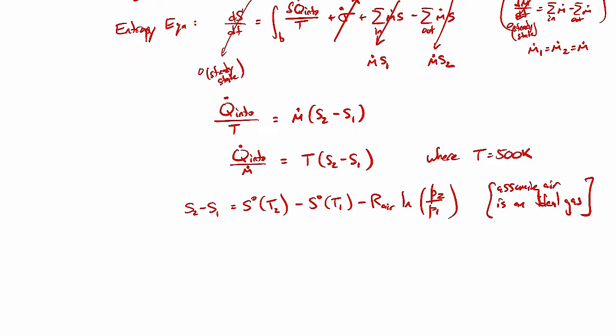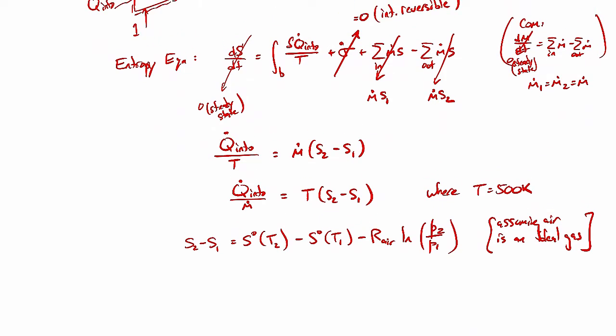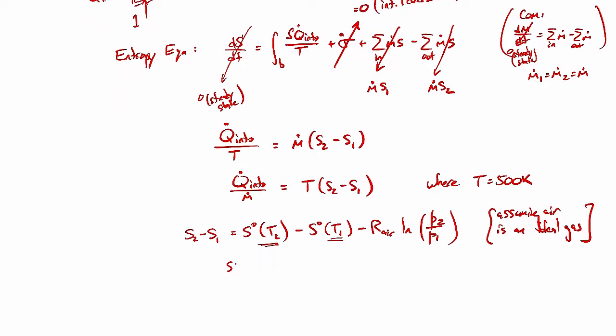Normally those would come from the ideal gas table, but if you notice that these are functions only of the temperature, which means that if the temperature doesn't change, because this is considered an isothermal process for this problem, those two will cancel one another out. So I can write out S0 T2 is equal to S0 T1 since isothermal. So those we don't have to factor in.